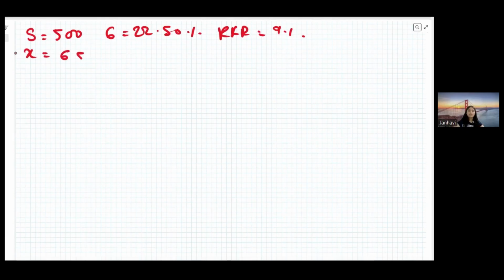Here your spot price is 500, your standard deviation is 22.50%, your RFR is 9%, your strike price is 650, and your T or term is 3 months.